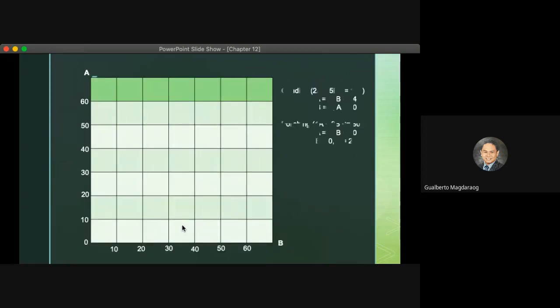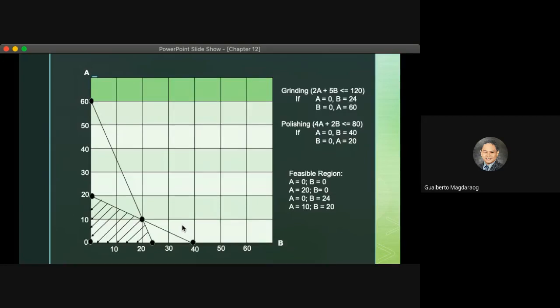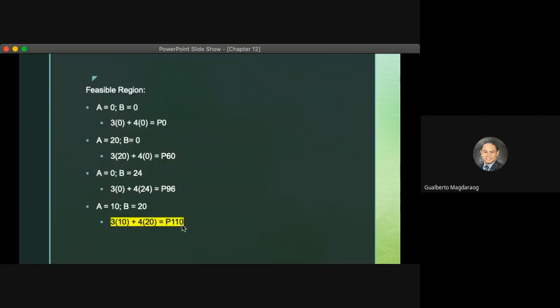So in our solution in the graphic method, our feasible regions are A0, B0, A20, B0, A0, B24, A10, and B20.